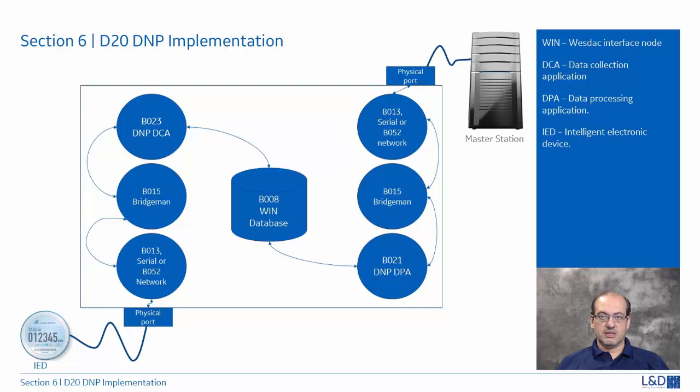Once the physical application integrity of the message is checked, it will take that message and pass it to the data link layer. In this case, the data link layer is application B015, or Bridgeman.